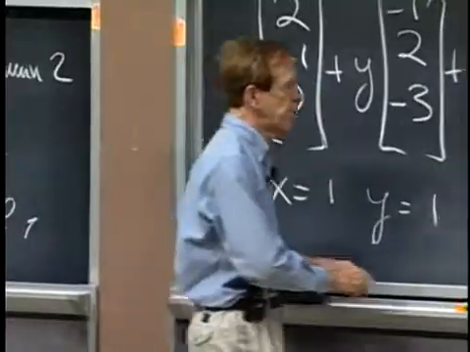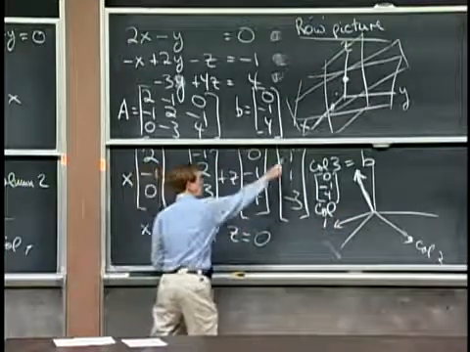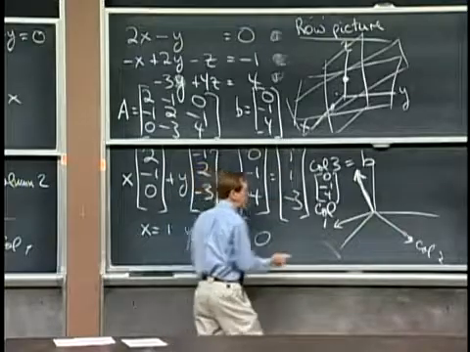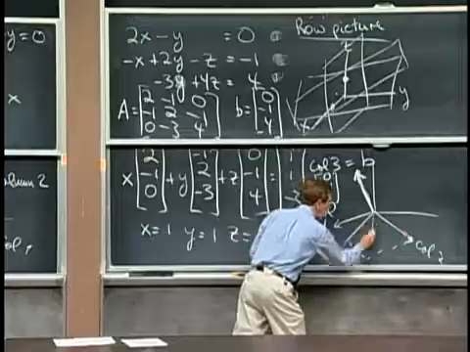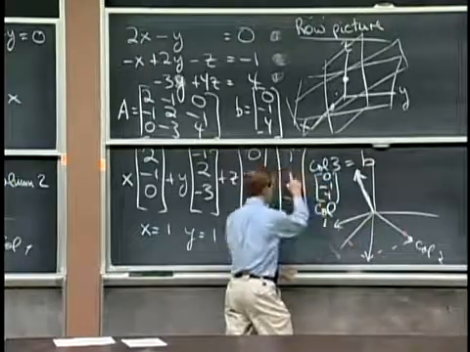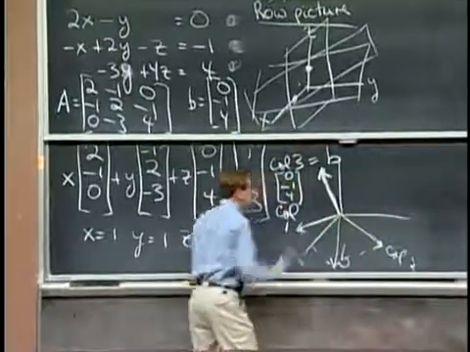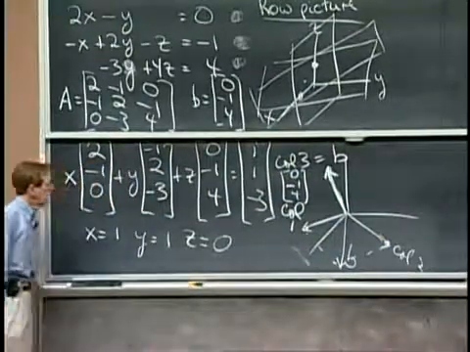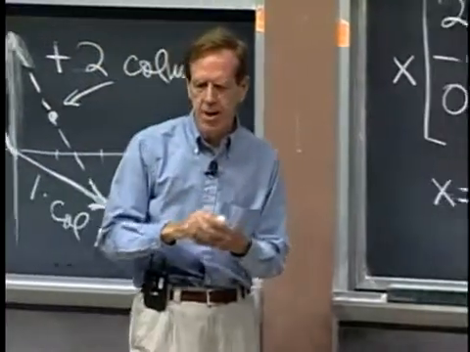In the column picture, I have the same three columns, but now I'm combining them to produce this guy. And it turned out that column 1 plus column 2 is the right column. One of this and one of this would give me the new B. Okay, so that's like we squeezed in an extra example.